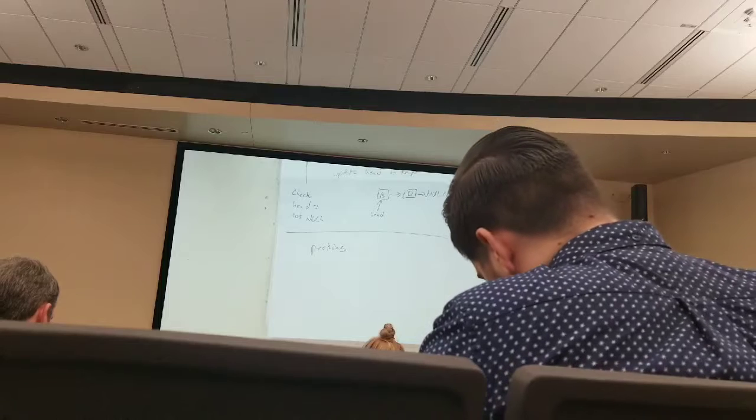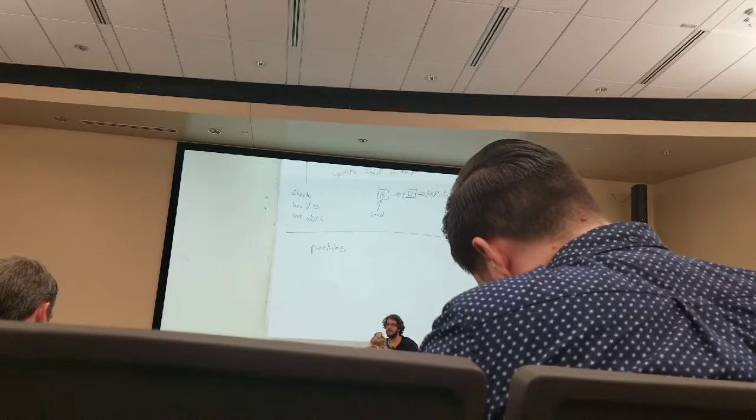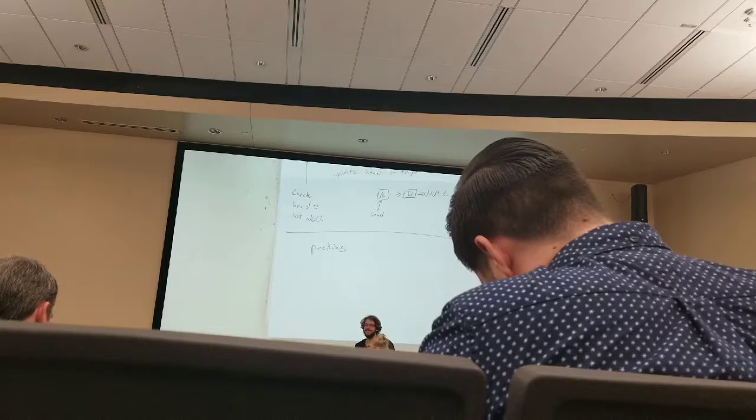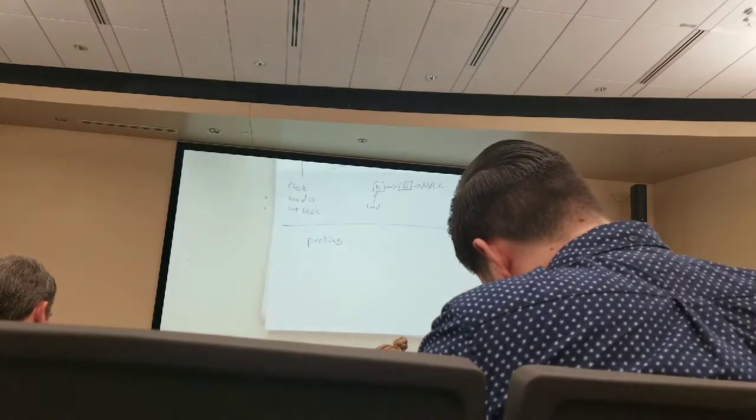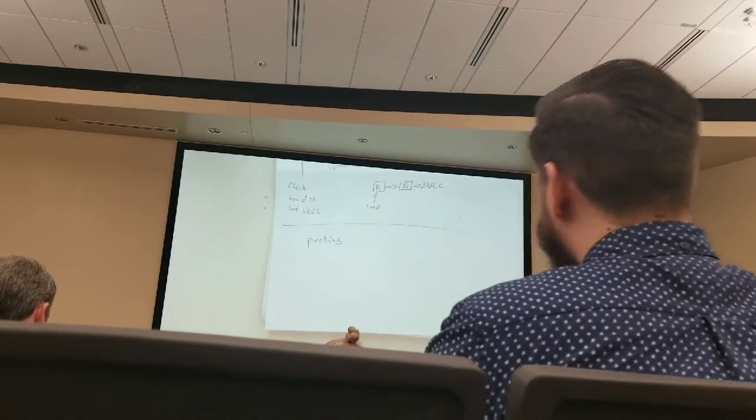So how do we peek at the top element of our stack? Yeah, that's all you need to do. So the peek will always return the top element of our stack. So all it needs to do is just return the head. So you don't actually need to implement a full-blown function for this, obviously.